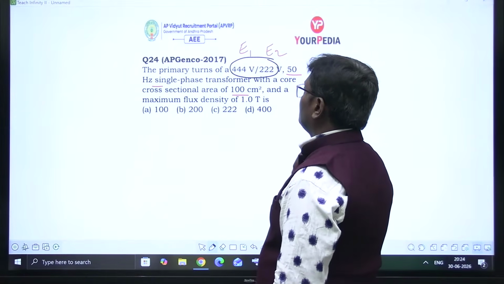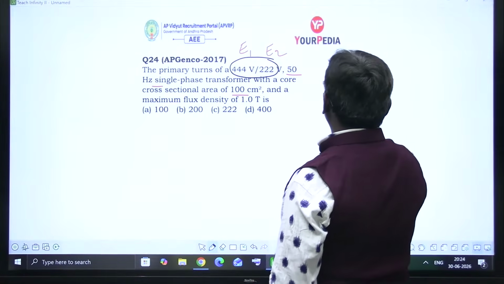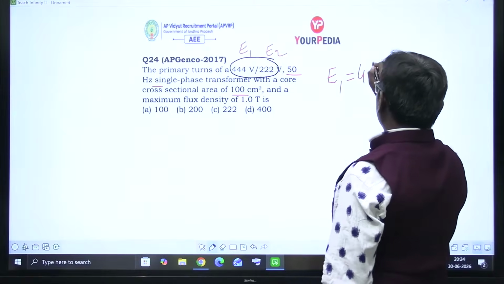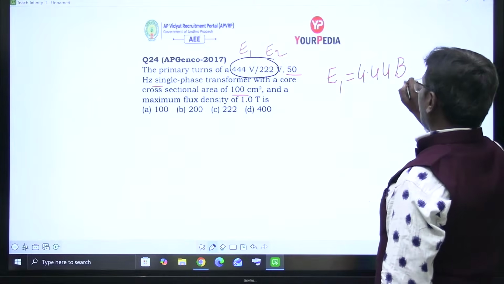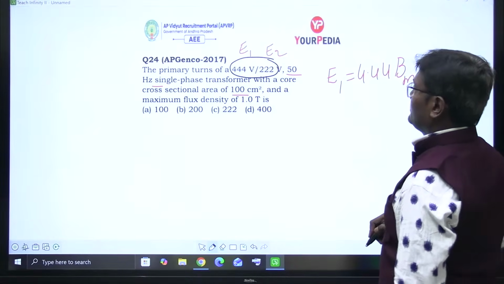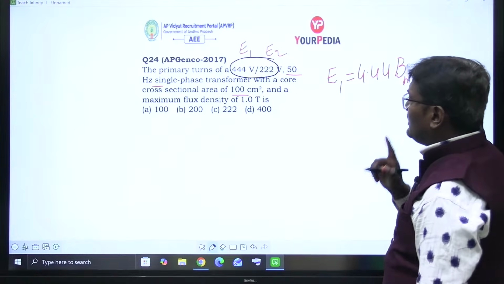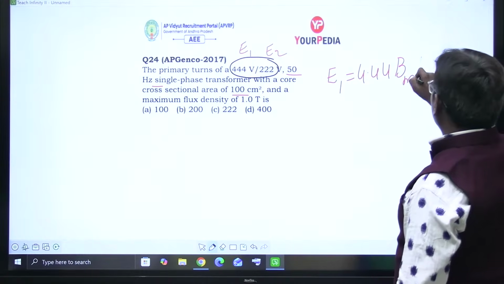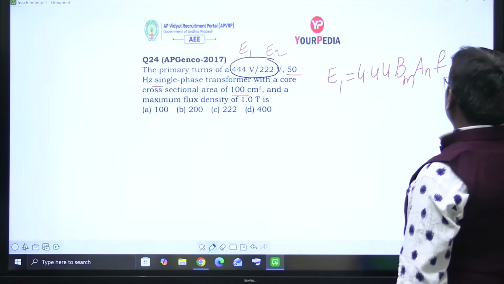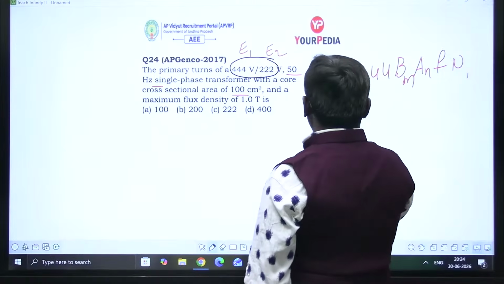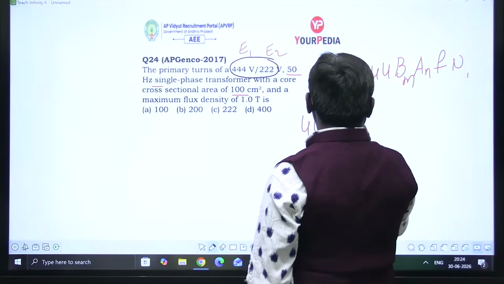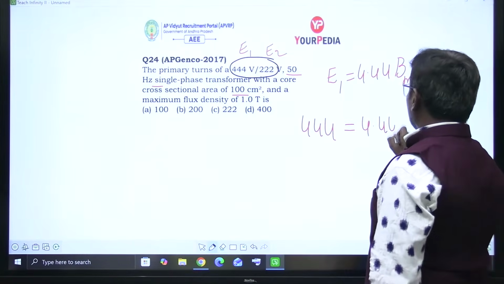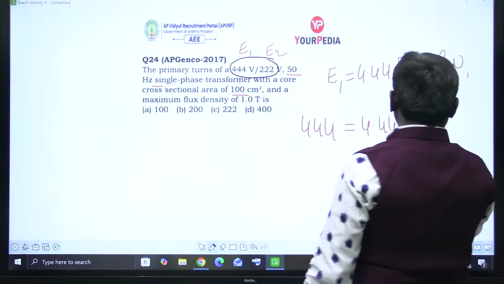Primary number of turns: E1 is equal to 4.44 into B max into A into F into N1. E1 is 444, B max is 1.